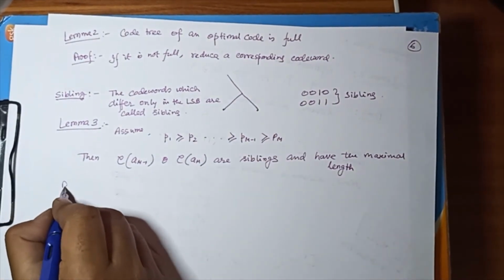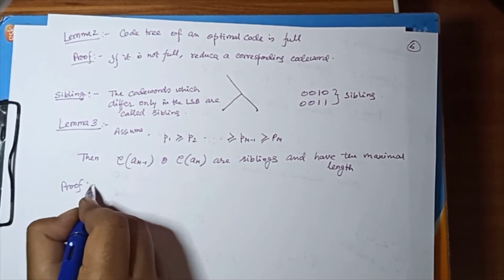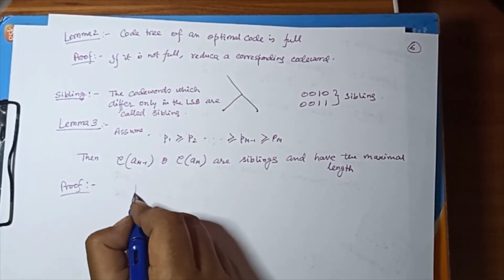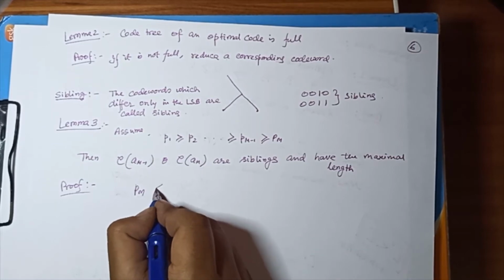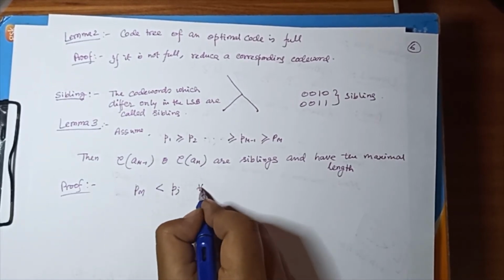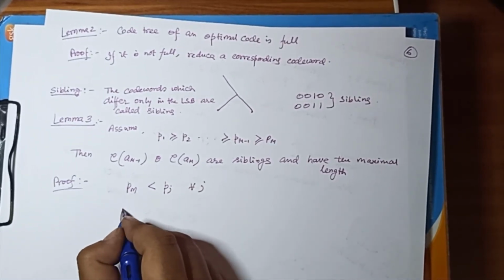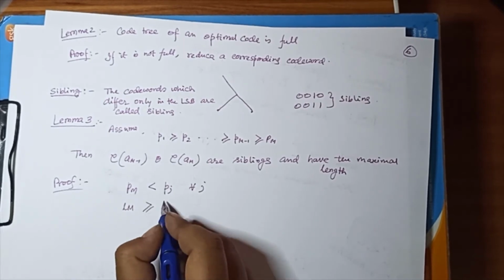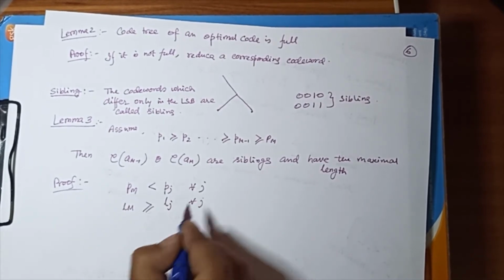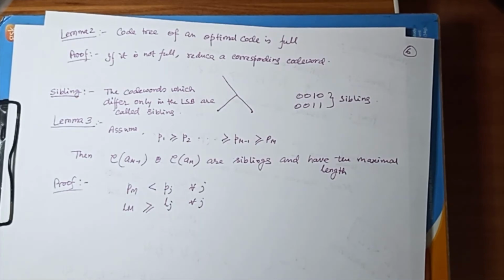So the last two should have the maximal length. Okay, so how to prove it? I can say that if Pm is less than all Pj's, then obviously the corresponding length will be greater than or equal to all Lj's. This is the maximal length, obviously.